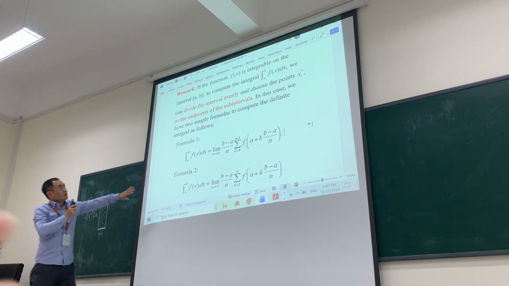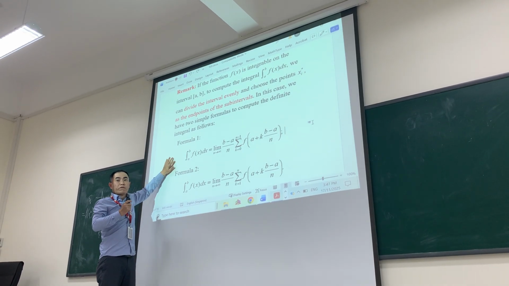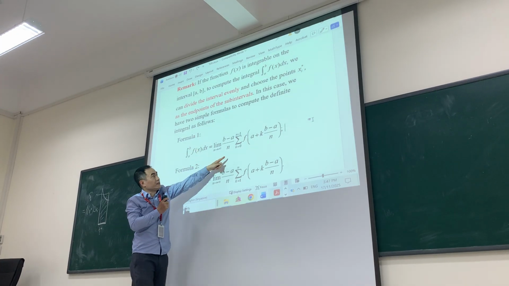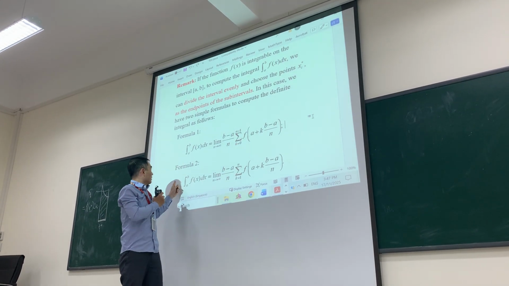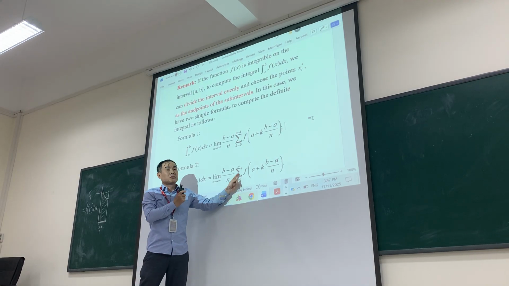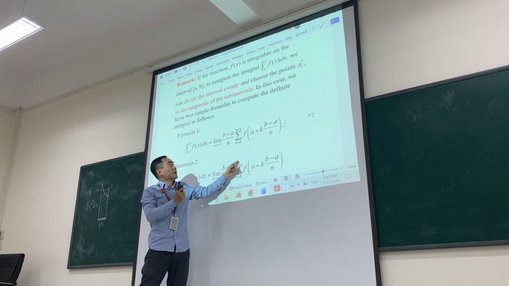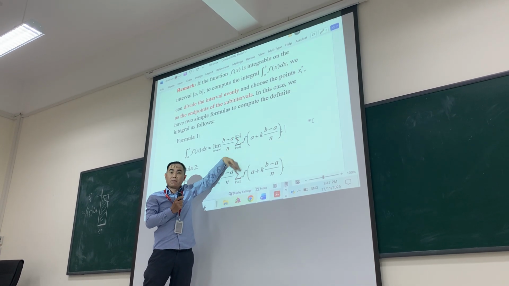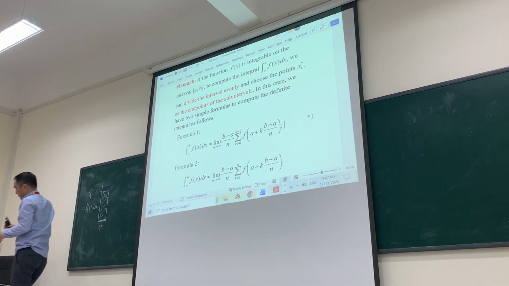You can see the two formulas are different. In formula 1, k varies from 0 to n minus 1. In formula 2, k varies from 1 to n, which is not the same. Okay, the difference between them, I can write down as a remark.